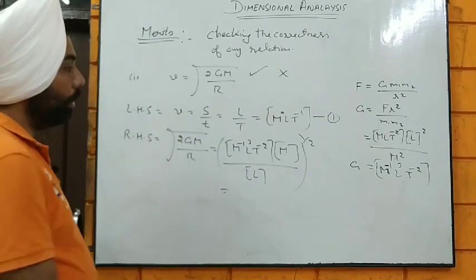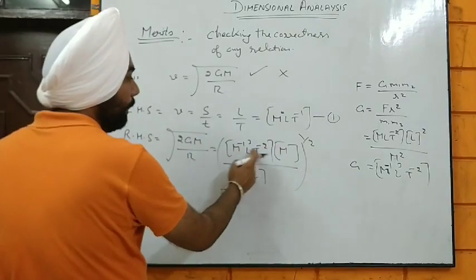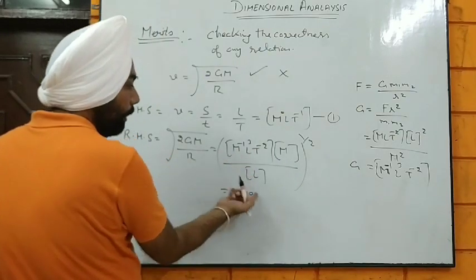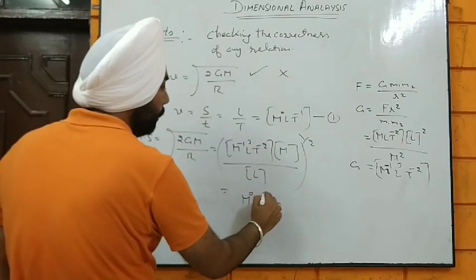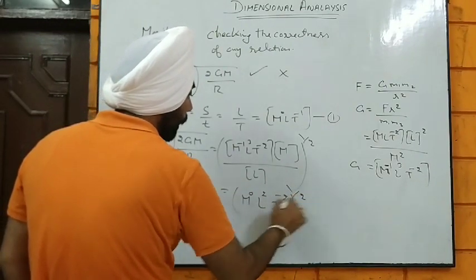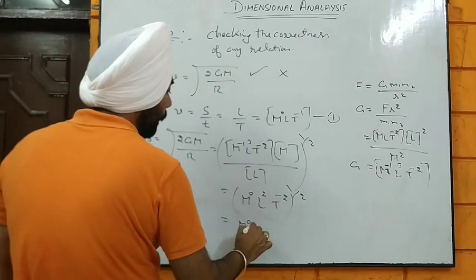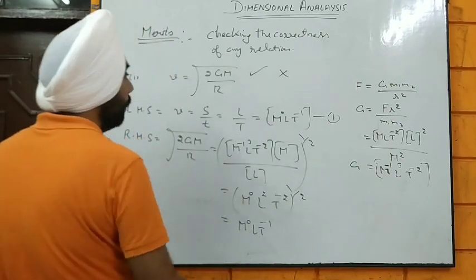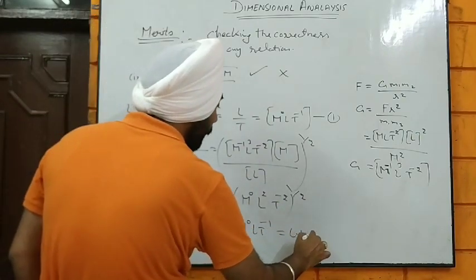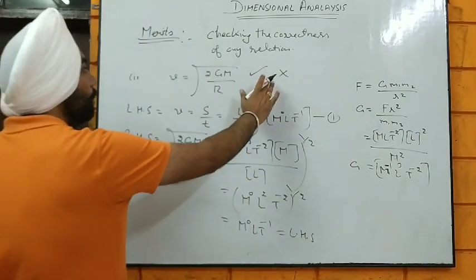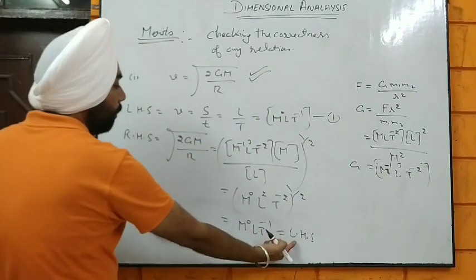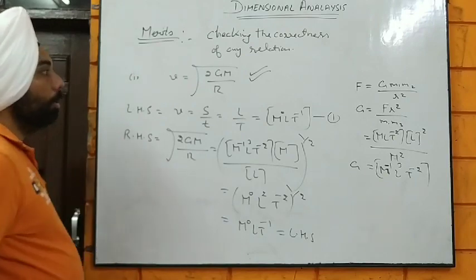The powers of M minus 1 and M give M0, L3 and L minus 1 give L2, and T minus 2 raised to power half gives dimensions M0 L T minus 1. Now check equation 1: it is equal to the left hand side, which means the relation is correct, because left hand side dimensions equal right hand side dimensions.